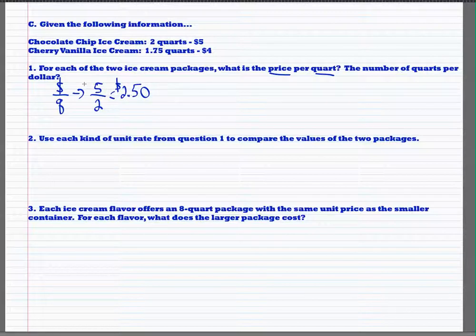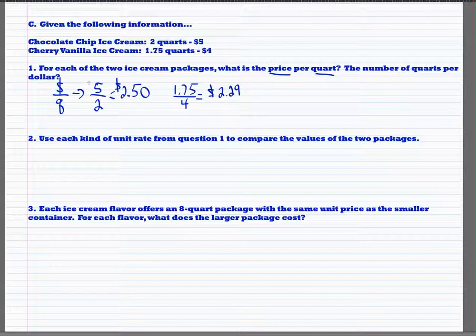All right, and then sticking with the same ratio here of dollars per quart, for the cherry vanilla, it's going to be 1.75 over 4, which is going to give us $2.29 per quart.